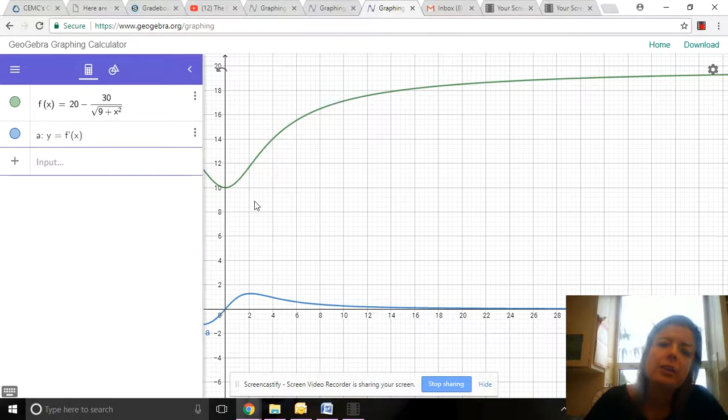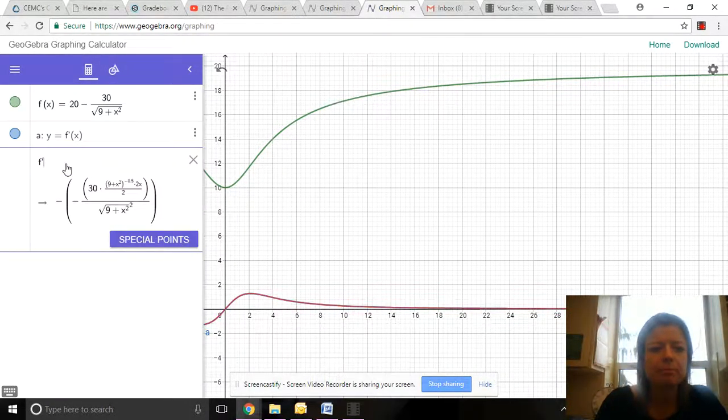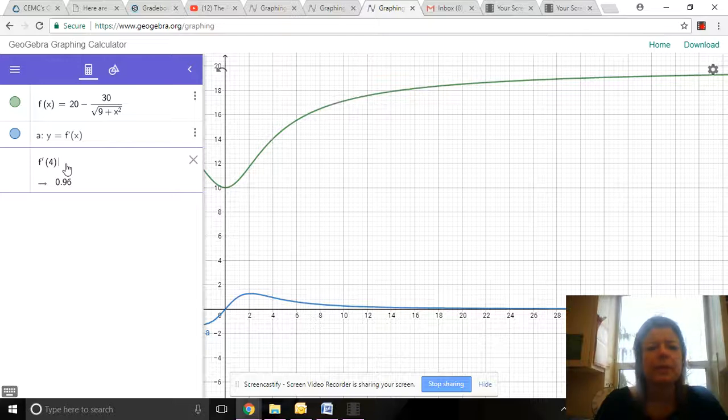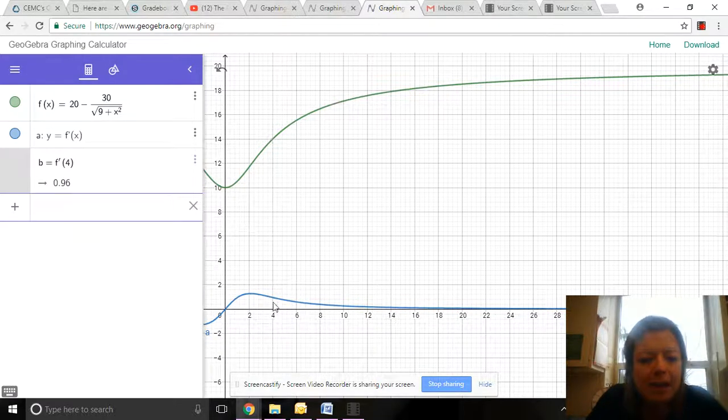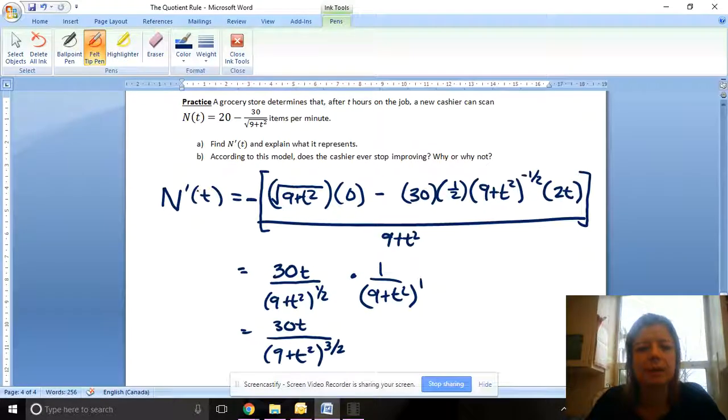So they're getting a lot better quickly, but then they're still getting better, just not at quite as quick a rate. Notice if we find, for instance, f prime at 4 is 0.96. That means at 4 hours of work, right at that point, they're improving at about 9.96 items per minute every minute. So that's what the derivative means.